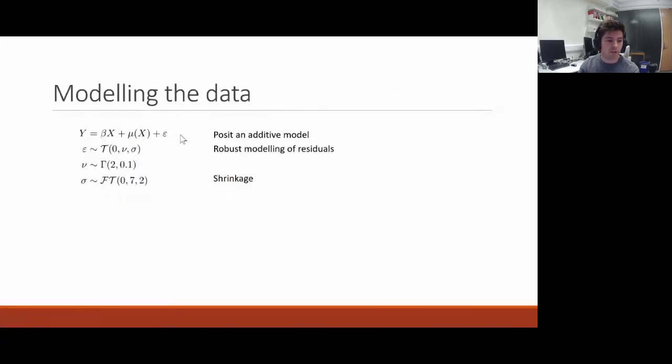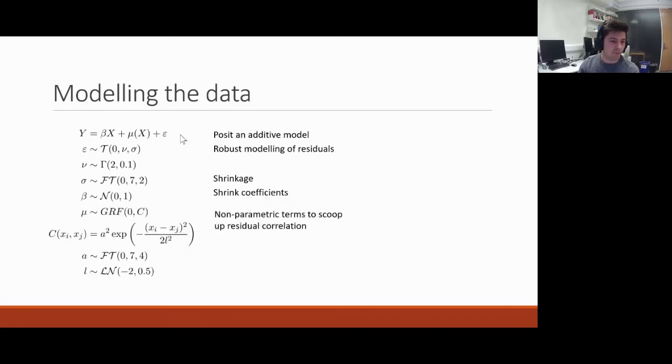So we're going to model our residuals in a robust way, allowing t-distributed errors, and we're going to use priors that encourage shrinkage as well. We're going to shrink our coefficients, similar to how you would in a ridge regression-based analysis. And then we're going to use a non-parametric term to scoop up any of the residual correlation that's not well modeled by a linear model.